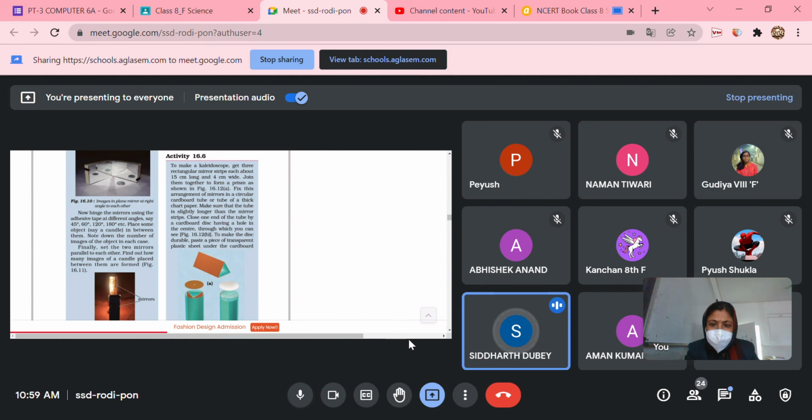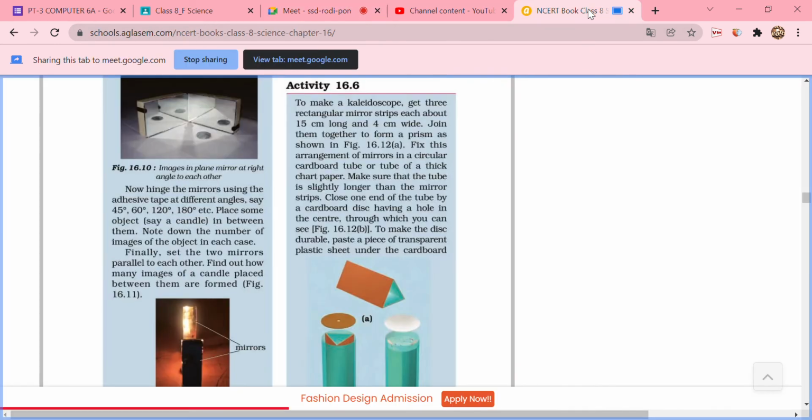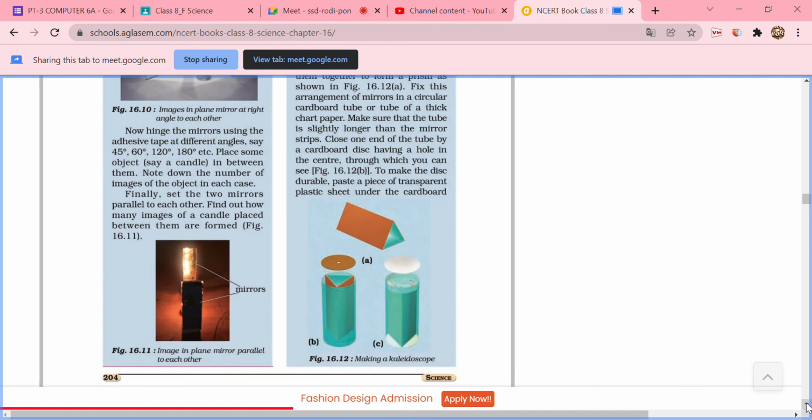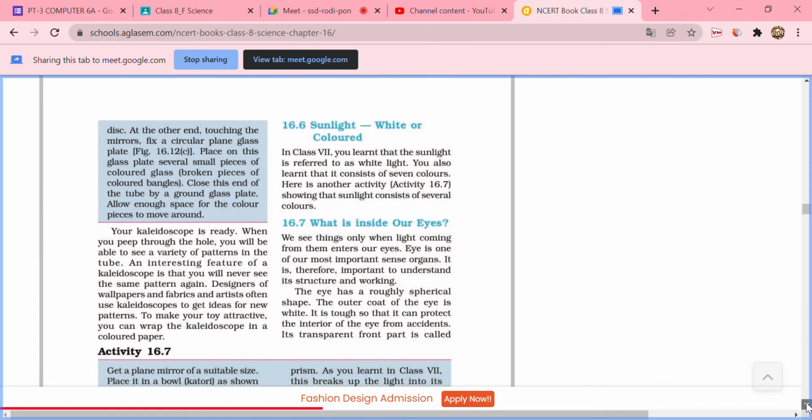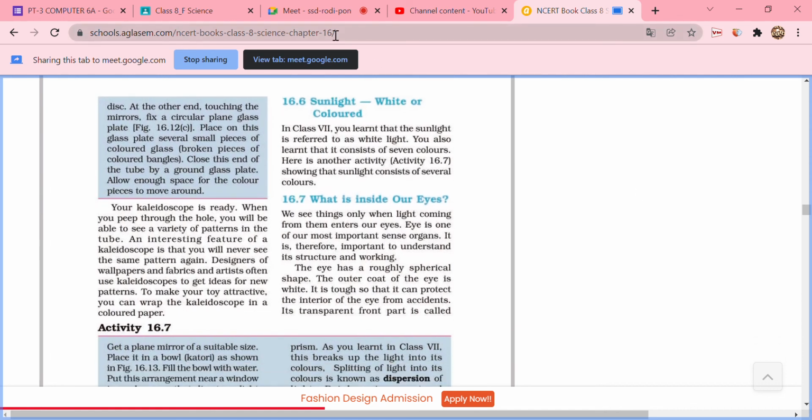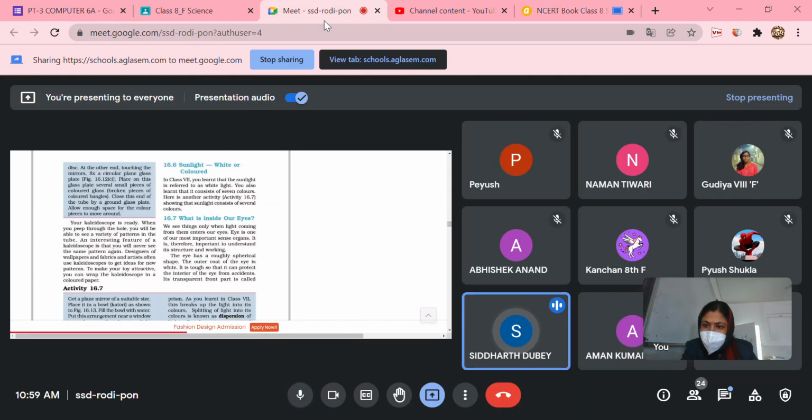To make the disc durable, paste a piece of transparent plastic sheet under the cardboard disc. At the other end, touching the mirror, fix a circular plain glass plate, figure 16.12c. Place on this glass plate several small pieces of colored glass, broken pieces of colored bangles. Close this end of the tube by a ground glass plate. Allow enough space for the colored pieces to move around.